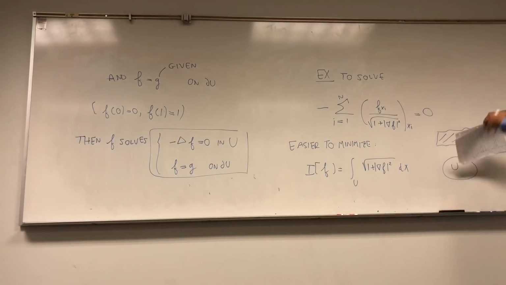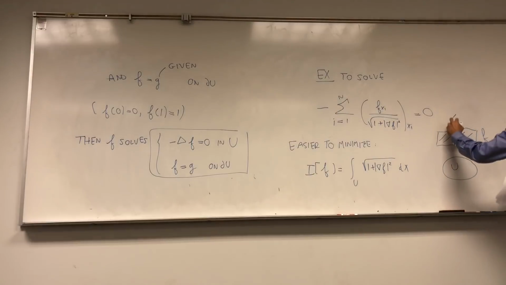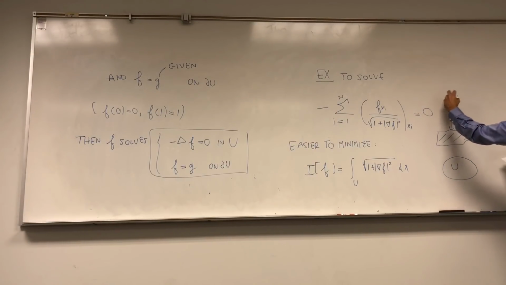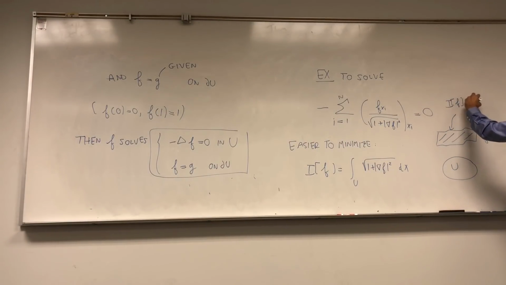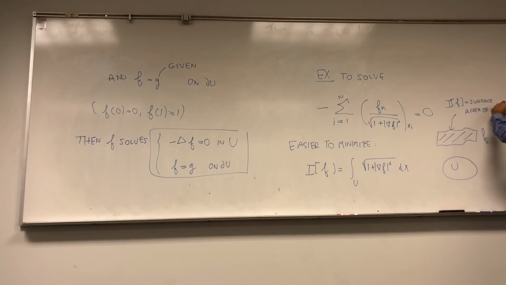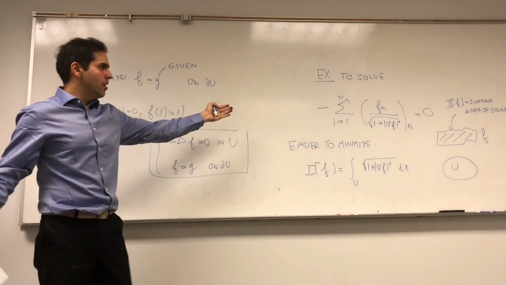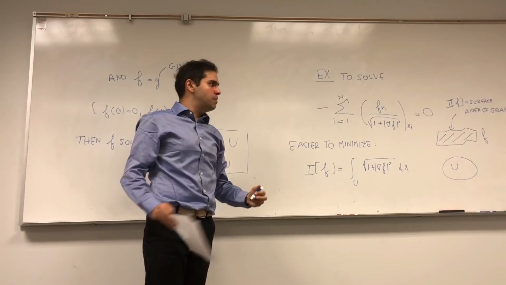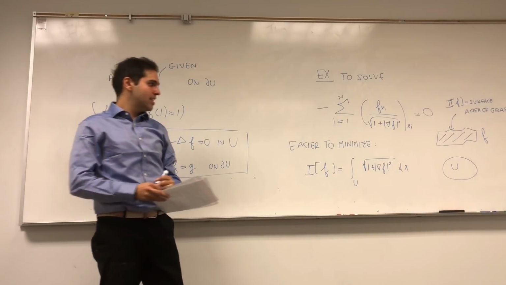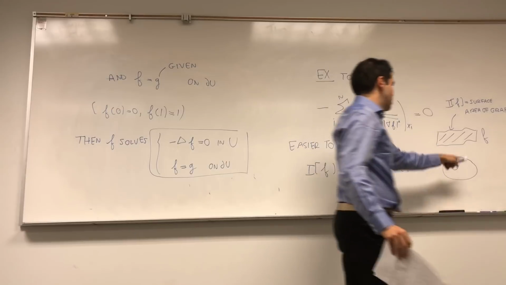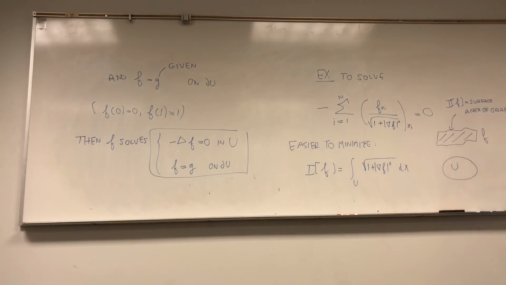So if you have some graph of f and you find the surface area, then I of f gives you the surface area of the graph. So instead of asking which functions solve this PDE, it's easier to ask which functions, again with some boundary conditions, minimize the surface area of some graph.